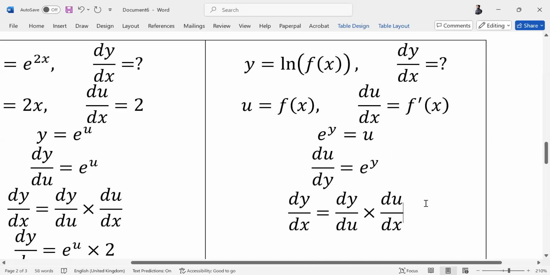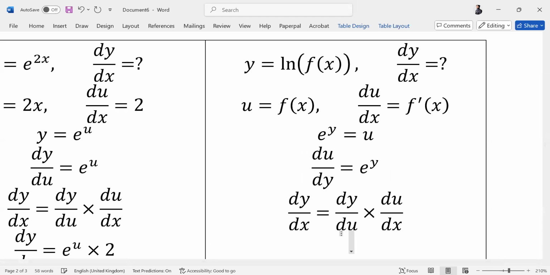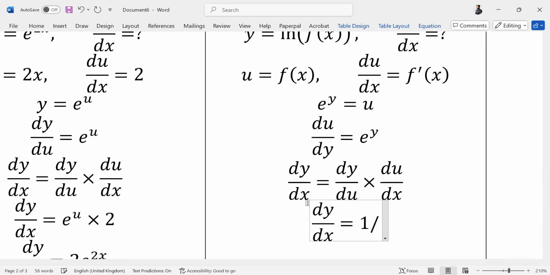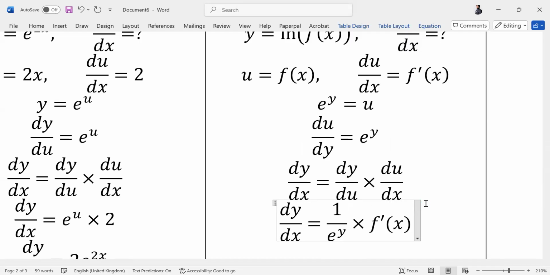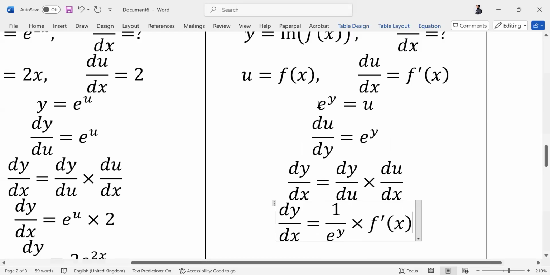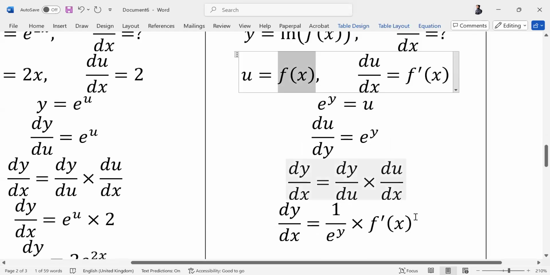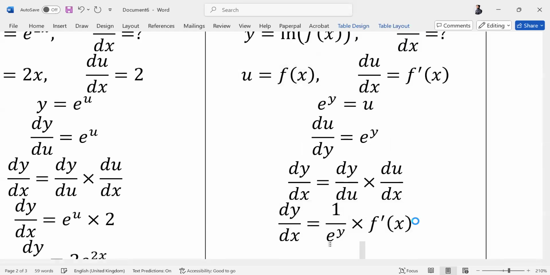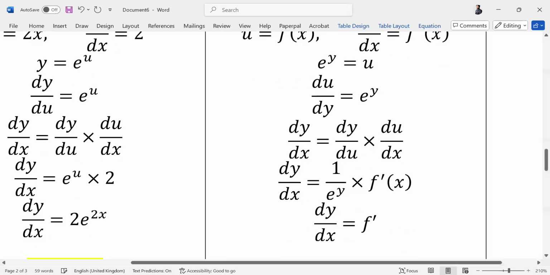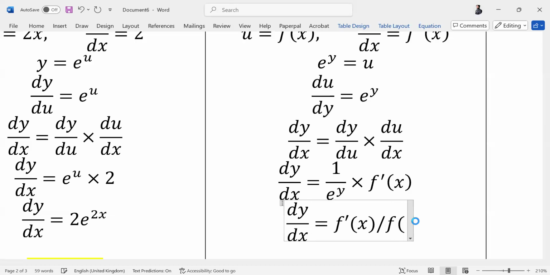Now dy by dx will be 1 upon e to the power y times du by dx, which is f dash of x, and e to the power y was u, the function itself. So the derivative is f dash x upon f(x).